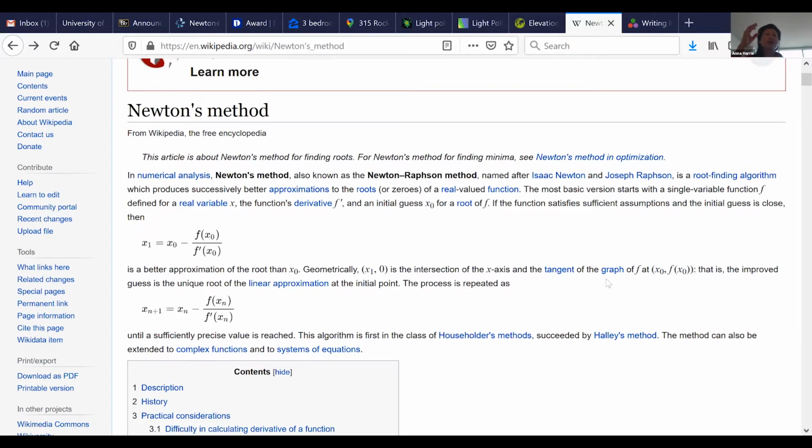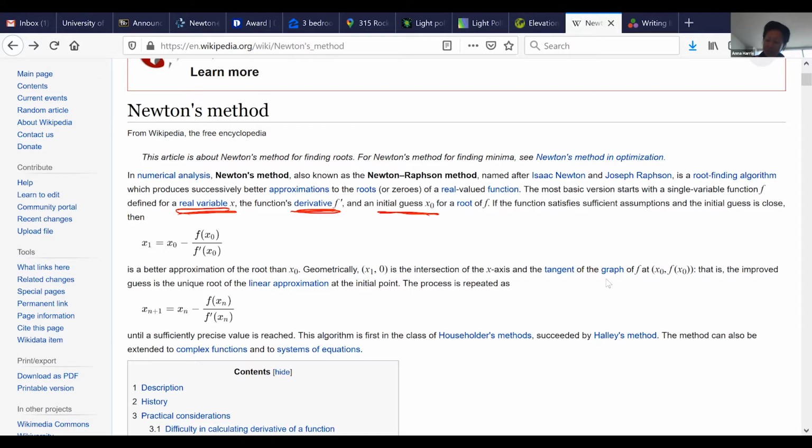Newton's method in its most basic version starts with a single variable function f defined for a real variable x, the function's derivative f prime, and an initial guess x0 for a root. So we need a real variable x, a function, a derivative, and an initial value, satisfying sufficient assumptions, with the initial guess close.